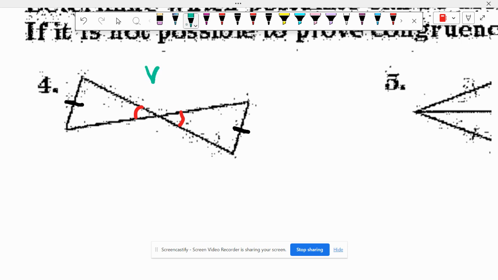Yeah, these are vertical angles. And we know that vertical angles are always congruent. Okay, so do you have enough information to show that one triangle is congruent to the other? Do you have side, side, side, or side, angle, side?